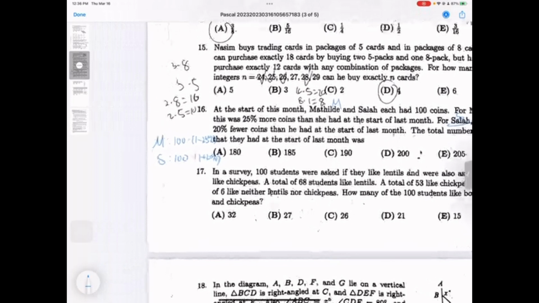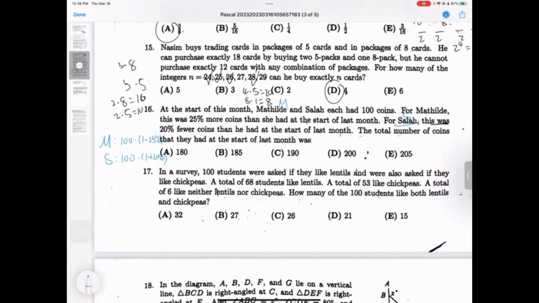So in total, we just sum them up, M plus S, and so we know that here is 85 and here is 120, and then we just add them up, and that is 205. E.